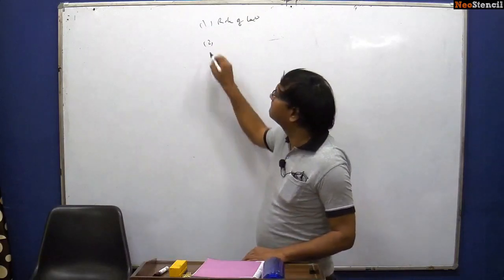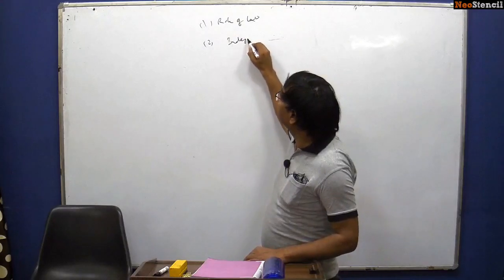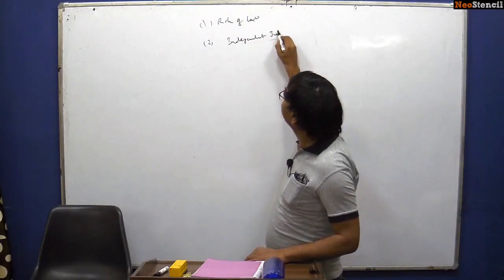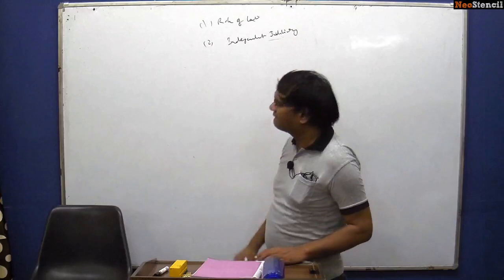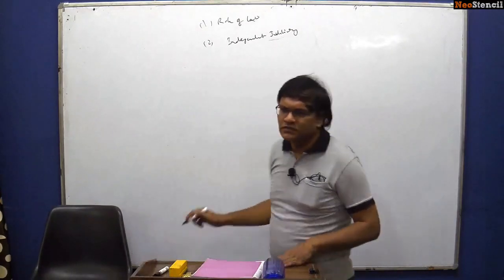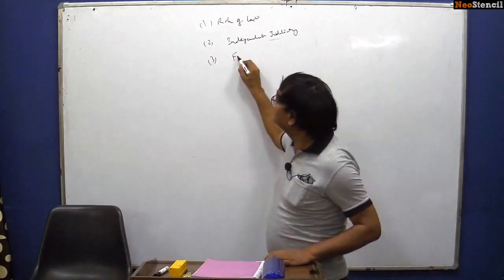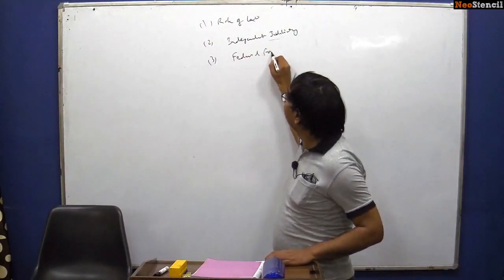Then they introduced independent judiciary. Third, they introduced federal form of government.